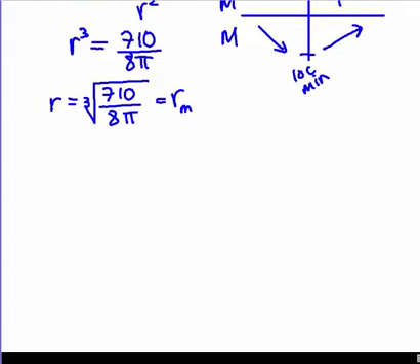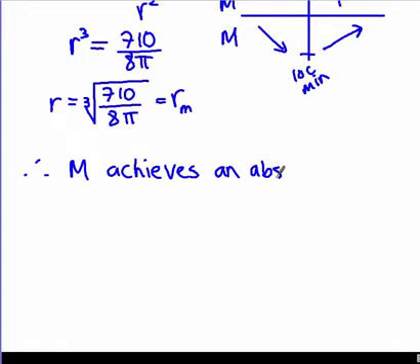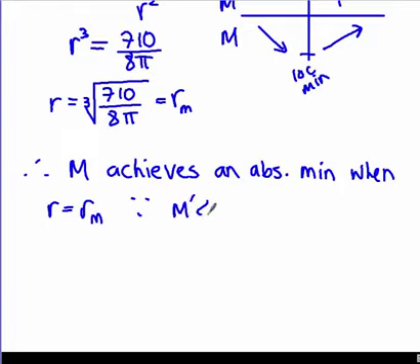And I can now justify my answer, and I can say, therefore, m achieves an absolute minimum when the radius is our critical value, r_m. And that's true because m prime is negative for all r less than our minimum r_m in my domain.